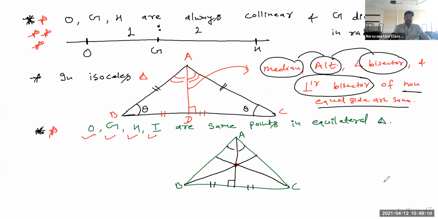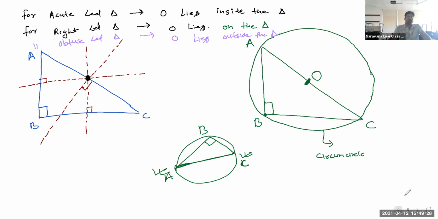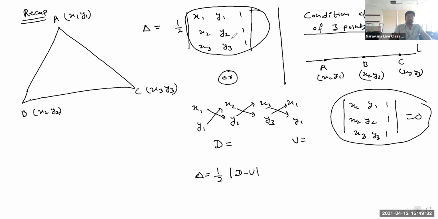So today we have studied very important properties of triangle. You can say properties of special points. These are the miscellaneous points about special points. So let's get a quick recap of all the things we have studied today. We started with special points of triangle.